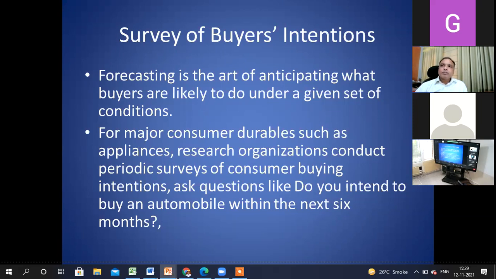They ask, are you planning to buy a four-wheeler in the next 6 months? It gives the research company a clue for the forecast that 6 months or 1 year down the line, at least this many people will be buying a four-wheeler. Or a company can make a survey to understand the demand for two-wheelers 6 months or 1 year down the line.